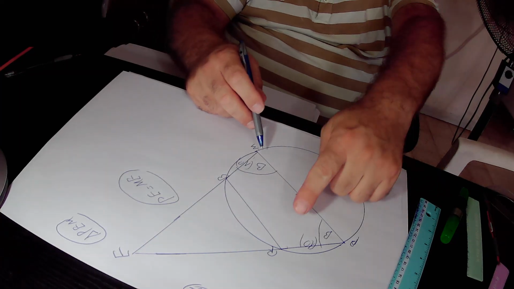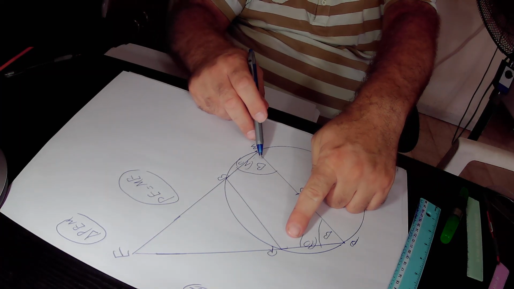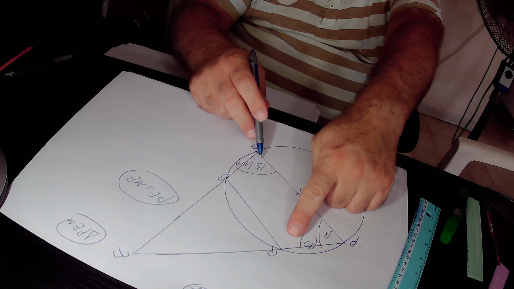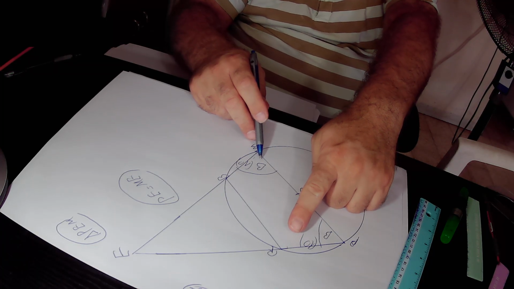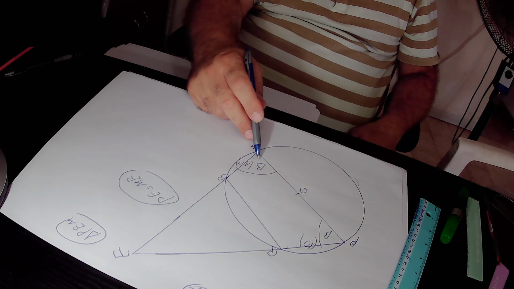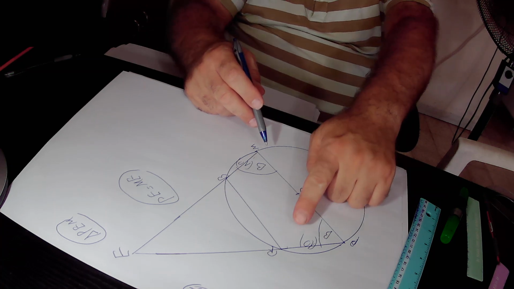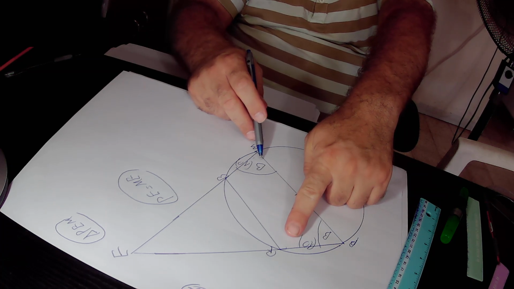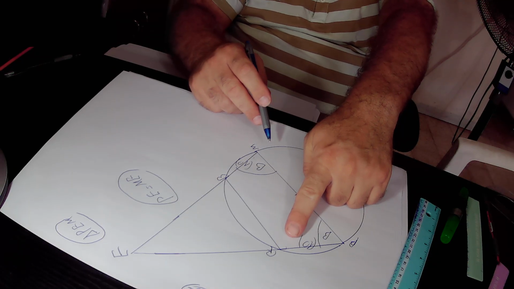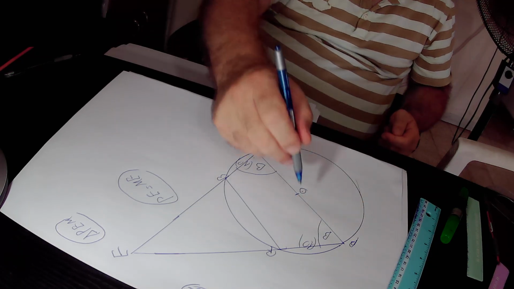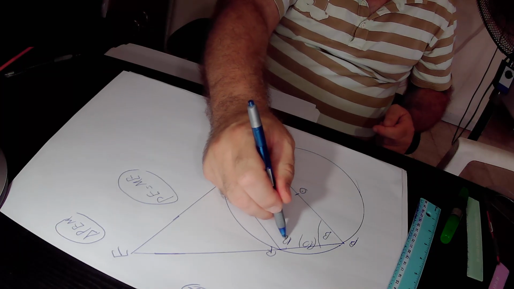Those two angles are defined as opposite angles, and according to the rule that I mentioned, the sum of those two opposite angles must be equal to 180 degrees. But the size of this angle is beta, so angle beta plus the size of this angle, in total the sum of those two angles must be equal to 180 degrees according to the rule that I mentioned. Therefore this missing angle must be equal to 180 degrees minus beta.